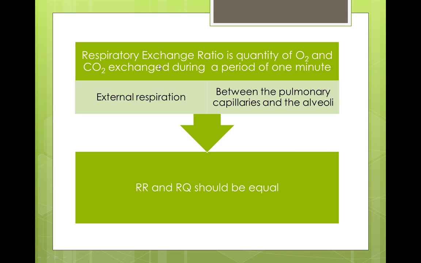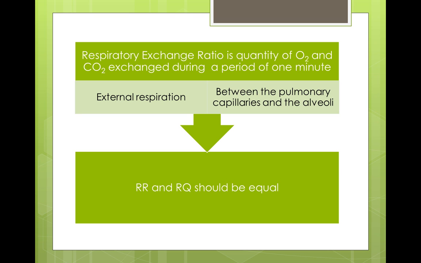Now, respiratory exchange ratio. We talked about this a little bit in the previous chapter. This is, again, the amount of oxygen and CO2 exchanged during a period of 1 minute. And remember that there's only about 0.75 seconds that the flow of blood goes past an alveoli, and only about 25%, or a third of that time, or about 0.25 seconds, actually involves any gas exchange. Well, same thing happens at the cellular level.